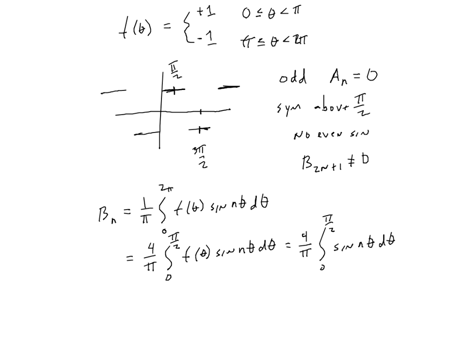So now the integral of sine is just going to be, what, negative cosine? So this is equal to negative 4 over n pi, oh sorry, 1 over n, cosine n theta, evaluated from 0 to pi over 2.